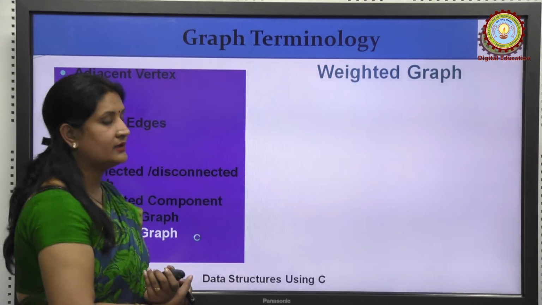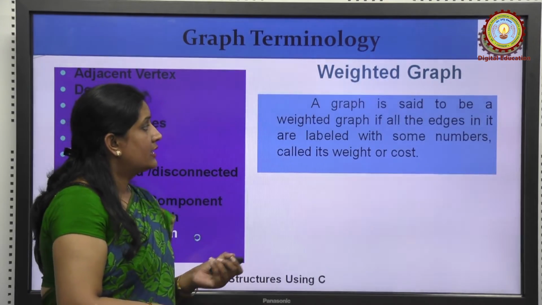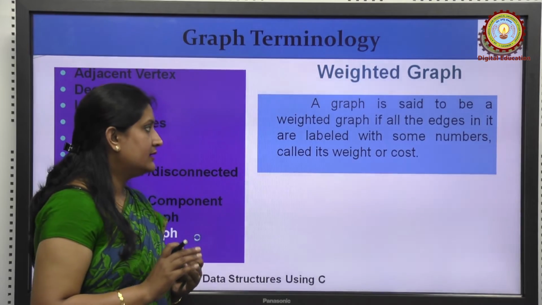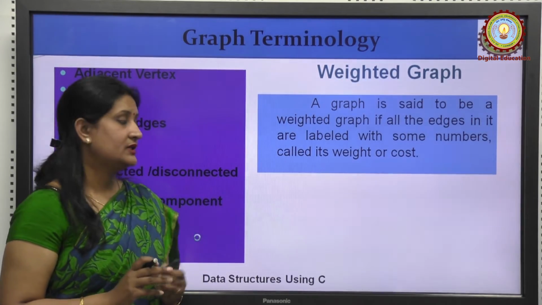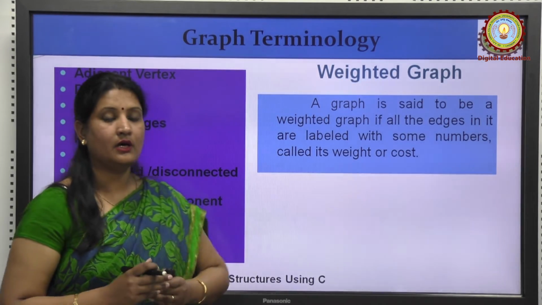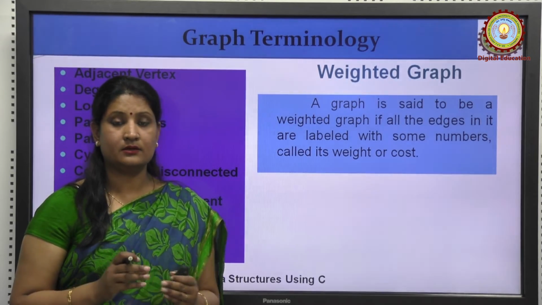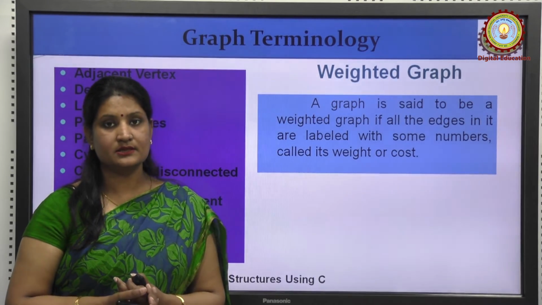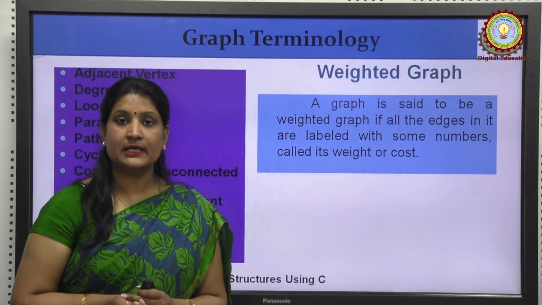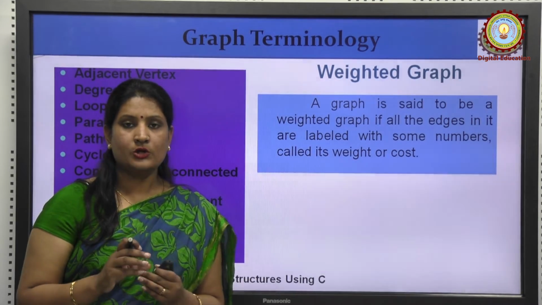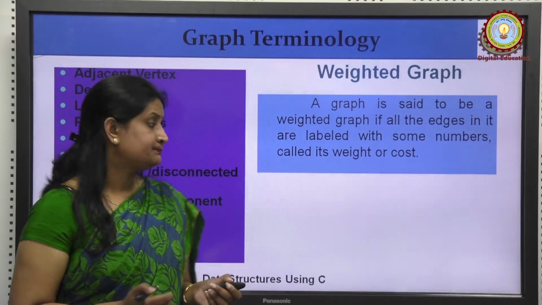Next, weighted graph. A graph is said to be weighted if the edges are labeled with some values. It can be a weight or a cost. In the application, weight can be a distance between two cities, the capacity of the cable, a flight time, or the cost between two nodes.